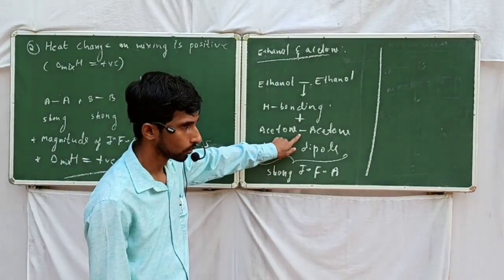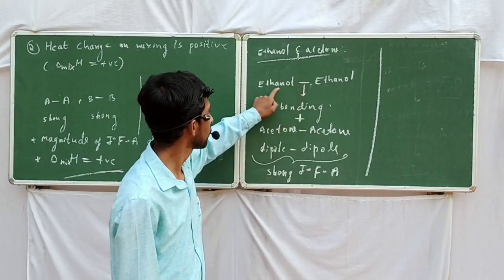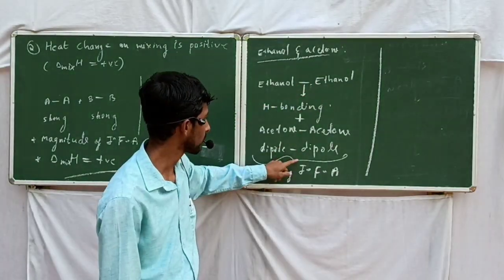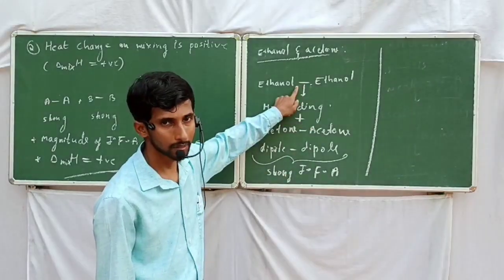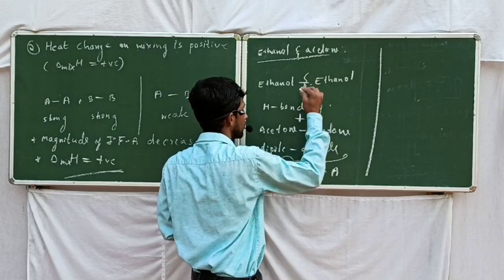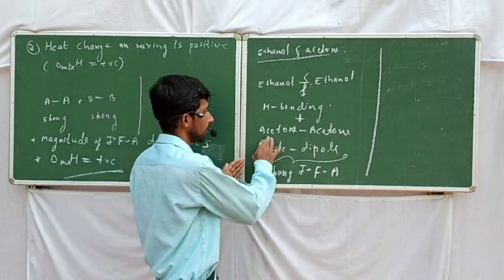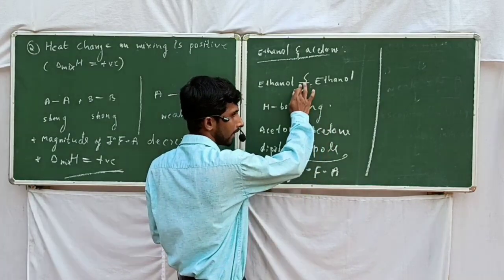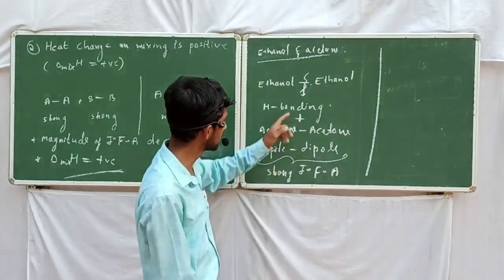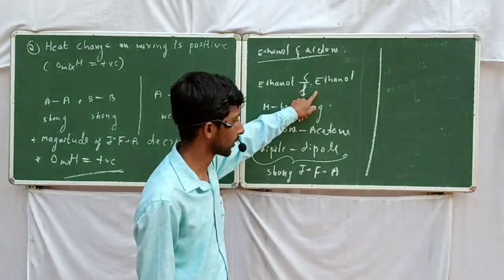Then once you mix these two components, acetone molecules will interfere with the force of attraction between ethanol molecules. So some of the acetone molecules will enter into the empty space between ethanol molecules. That leads to the breakage of this hydrogen bonding of ethanol molecules.